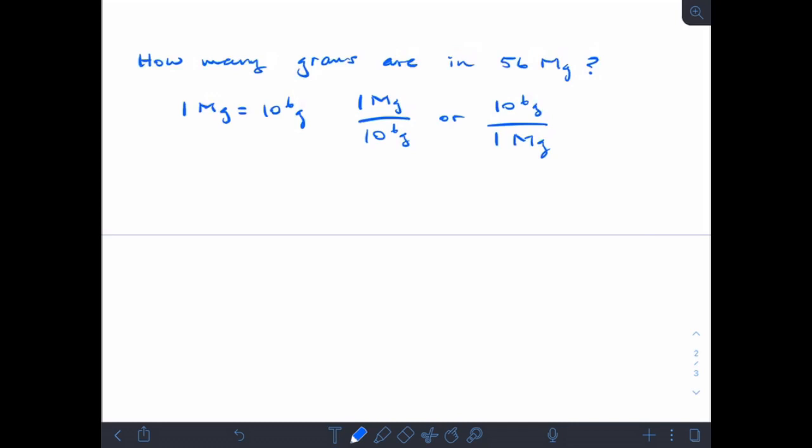I'm trying to make it simple on all of you. So your strategy: start with a known quantity. In this case, our known quantity is 56 megagrams. Then we're going to apply a conversion factor and cancel units.